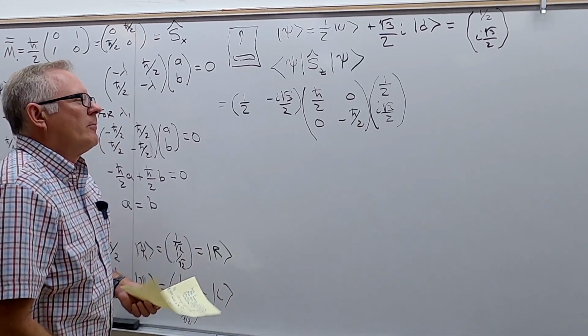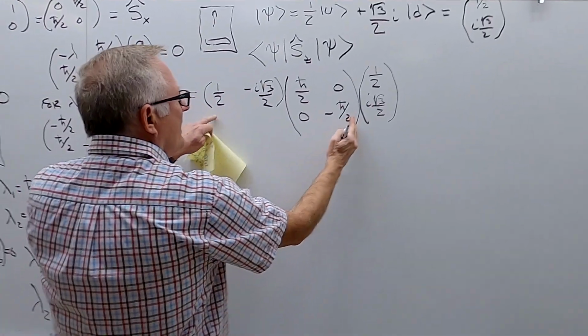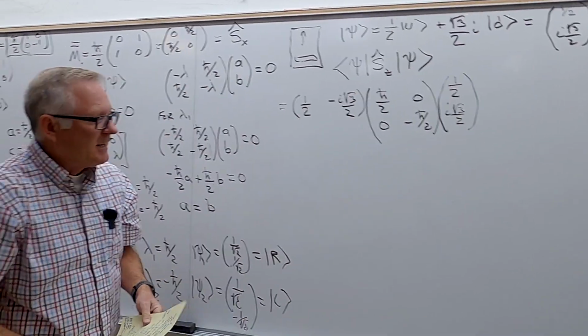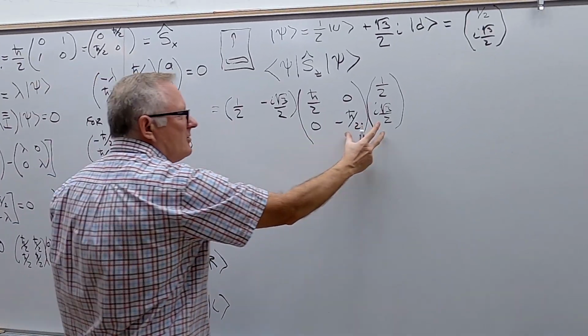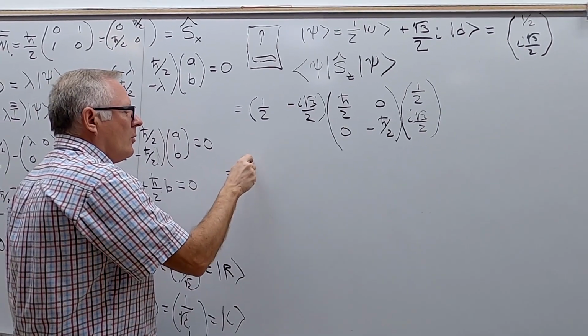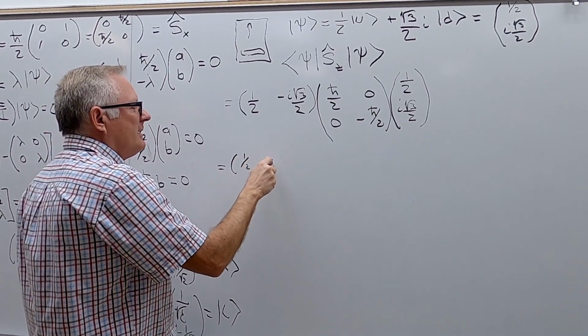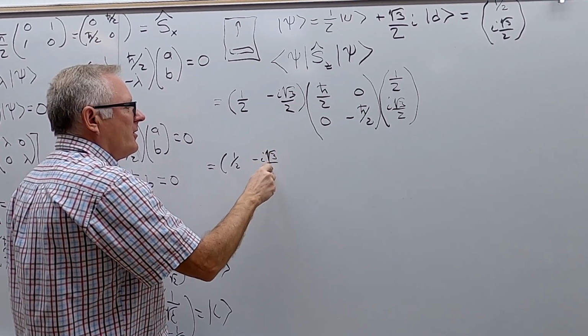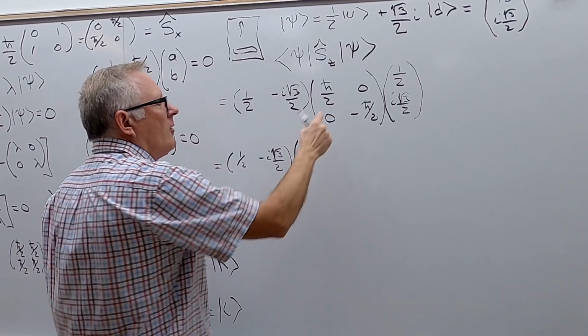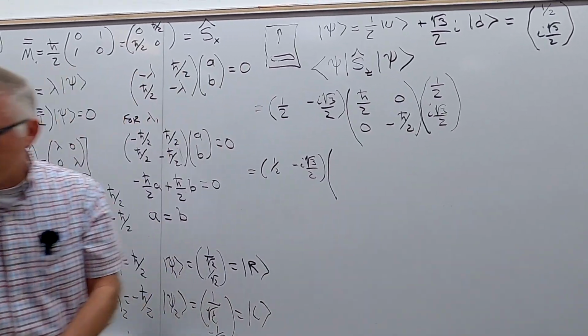Remember, I think we said before, it didn't matter whether you multiplied these two first or these two first. They're both going to give you the same answer. So we'll do these two first. So let's keep the 1/2, minus i square root 3 over 2. Okay, so now we'll multiply those two together.